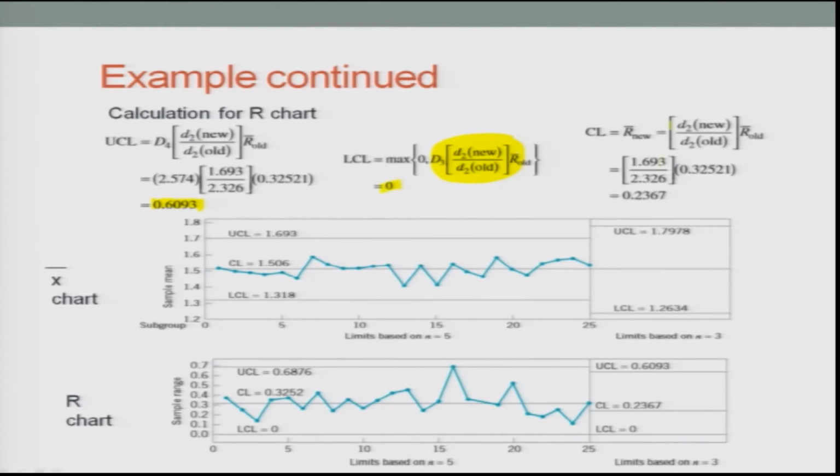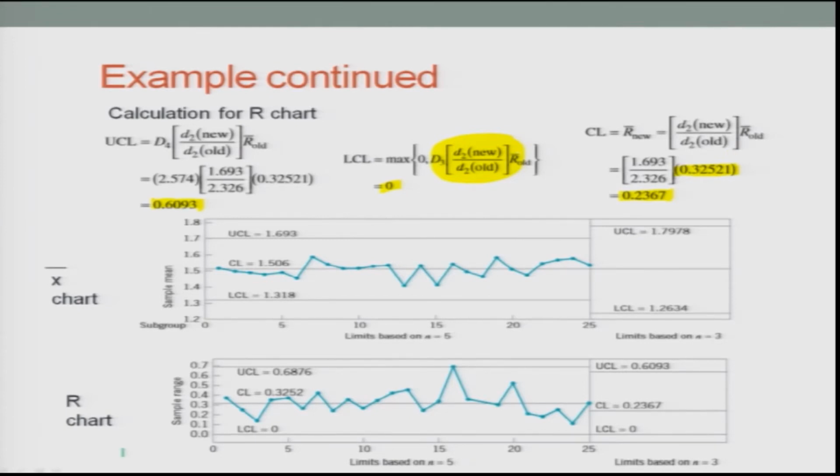And the central line you have to recalculate. So, R new, with respect to the old R, becomes 0.2367, and the R old is 0.3251. So, when I convert this into the tables or the charts, let us go and see it.